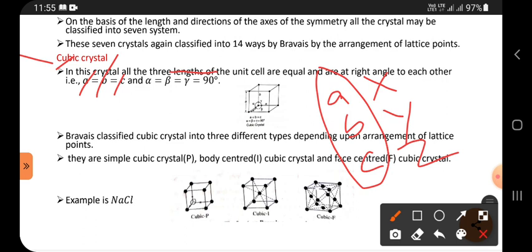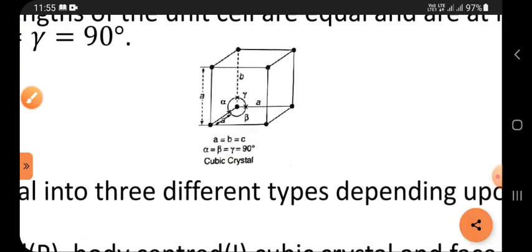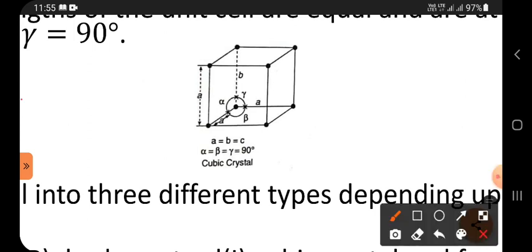And the angles between the axes are always perpendicular to each other, and they are equal. Alpha = beta = gamma = 90, means alpha 90, beta 90, and gamma 90. That is the meaning of this. And see the diagram here.